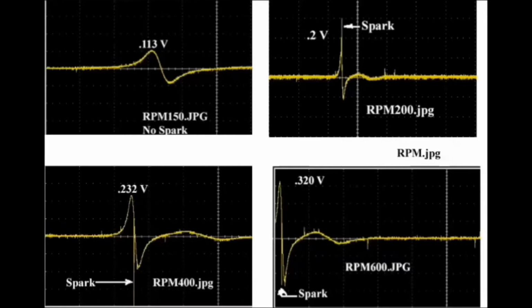The first one on the top is at 150 RPM, and the peak positive voltage there is about 0.113 volts, and there's no spark. We move to the top right, and the RPM is up to 200 RPM, and the voltage increased to about 0.2 of a volt, and this time we have a spark.